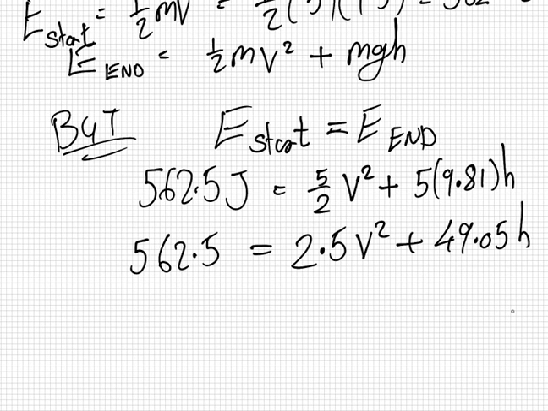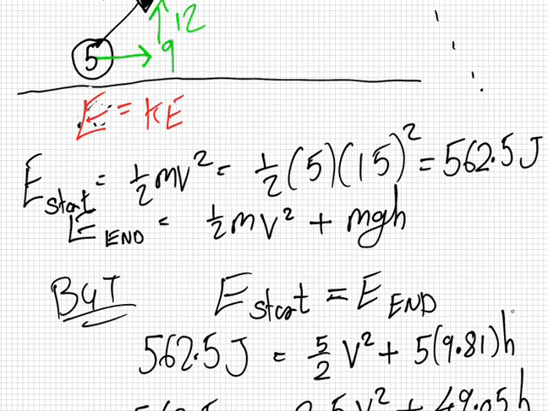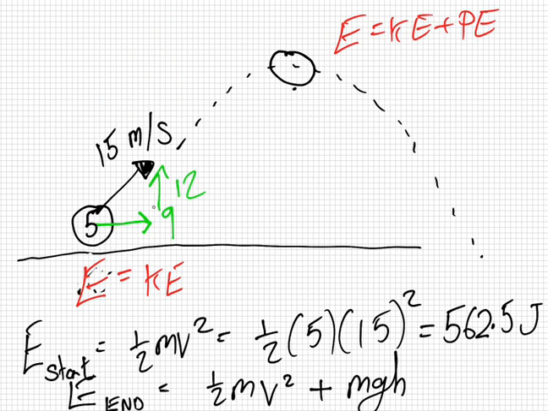Now, the reason, Ugo, that the v is not 0 is because the v in the y is 0, but the v in the x is not 0. Now, when you look at the ball, at the start this is 9 and 12. Here, this is 9, and then this is 0 here. So the speed is 9.